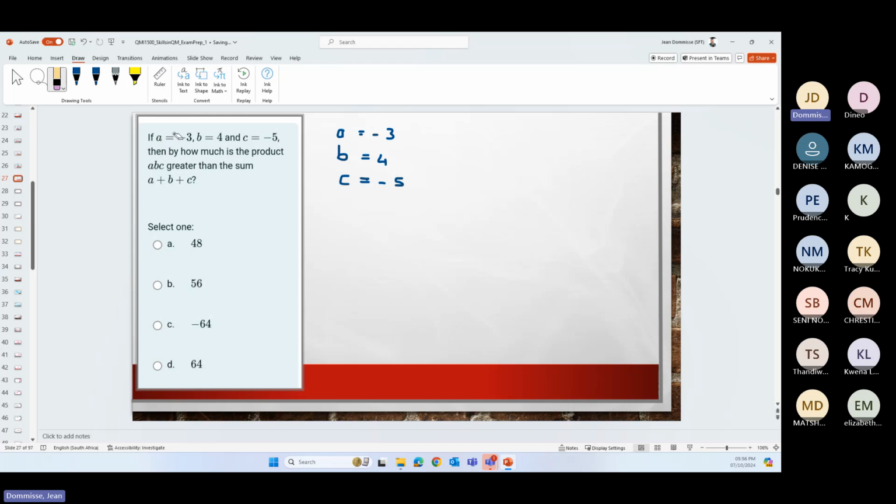So if A is minus 3, B is equal to 4, and C is equal to minus 5, then by how much is the product of A, B, C greater than the sum of A, B, C? Okay, so that I have misread at the beginning. So let's see, A times B times C is minus 3 times 4 times minus 5.